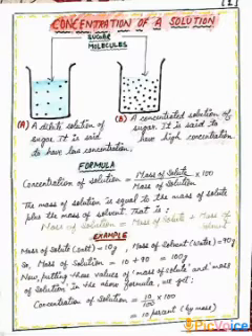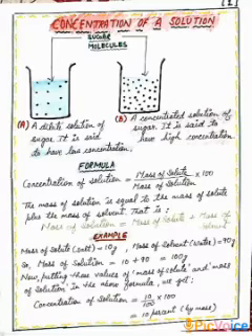The percentage method refers to the percentage of solute present in the solution. The percentage of solute can be by mass or by volume. This point will become more clear from the following discussion.